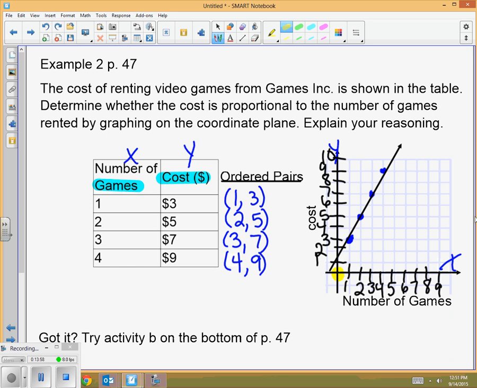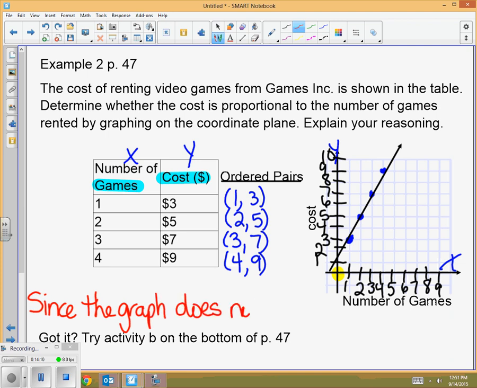Therefore, it's not a proportional relationship. So I'm going to explain here. Since the graph does not pass through the origin, it is not proportional.